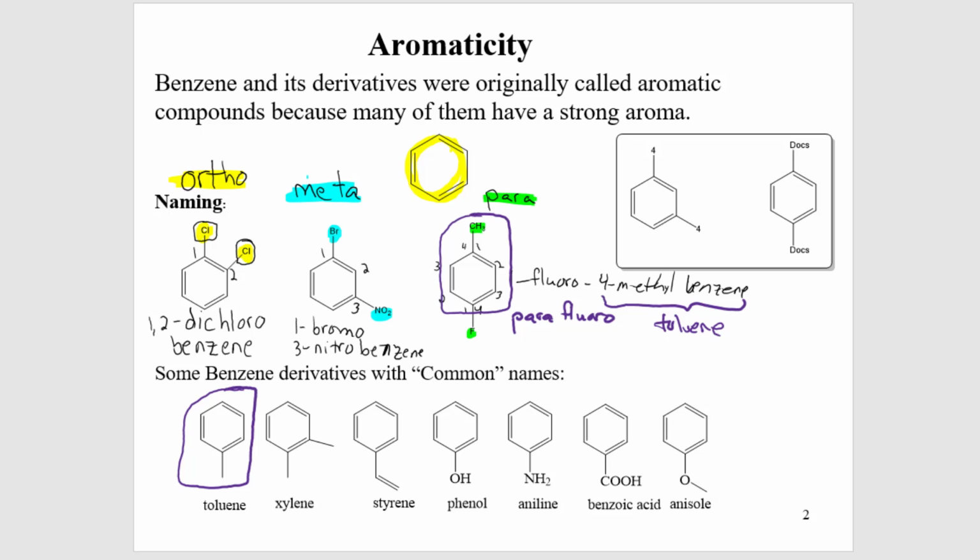You actually don't even need the numbers because para tells you what the relationship is. They're exactly across from one another, a 1,4 relationship. And you have a fluorine and toluene, the methyl is worked into the common name toluene.